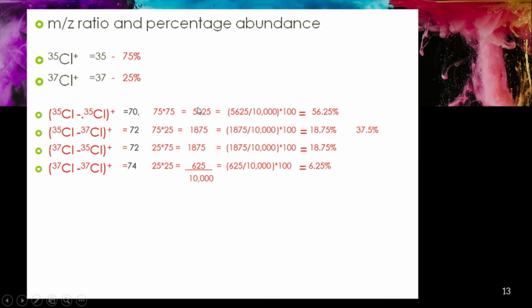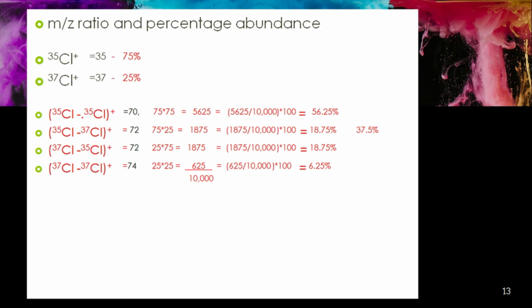Thereby we get a percentage of 56.25%. Likewise we do the same thing for the other molecular ion formulas as well, and then we get the relative percentage abundance for each molecular ion.